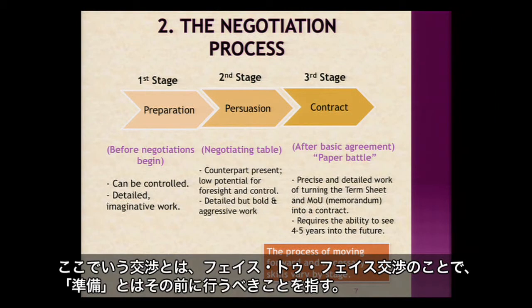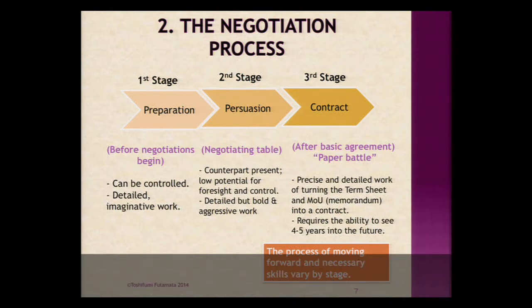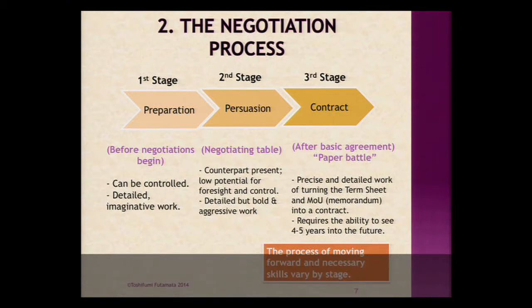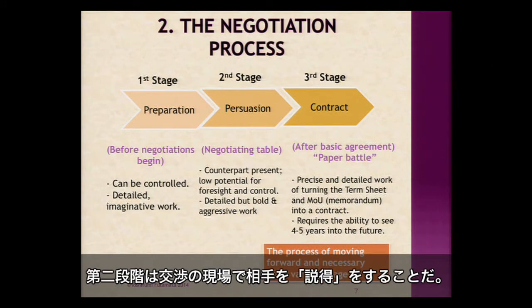The negotiation discussed here is face-to-face negotiation, and preparation refers to those things that should be done before reaching the negotiation table. Preparation is a stage that one can control as well as execute imaginatively and in detail. In the second stage, we proceed to the negotiation table and engage in persuasion.